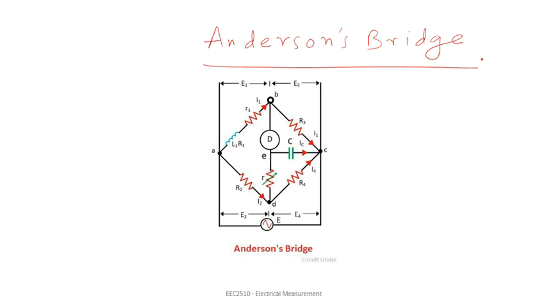Now there are some changes as compared to the Maxwell's inductance capacitance bridge, which is quite visible from this circuit. Here L1 is the inductance which is to be measured, so this is the unknown inductance, and this capital R1 shown alongside is the resistance of this inductor.